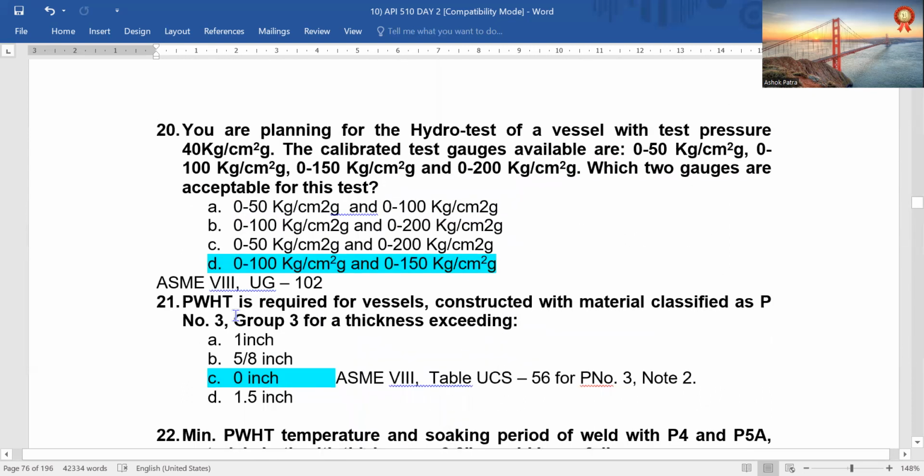We are planning for a hydro test of a vessel with test pressure of 40 kg per centimeter square gram. The calibrated test gauges available are 0 to 50, and so on. It is 2 times to 4 times, and minimum should be 1.5. That's all.